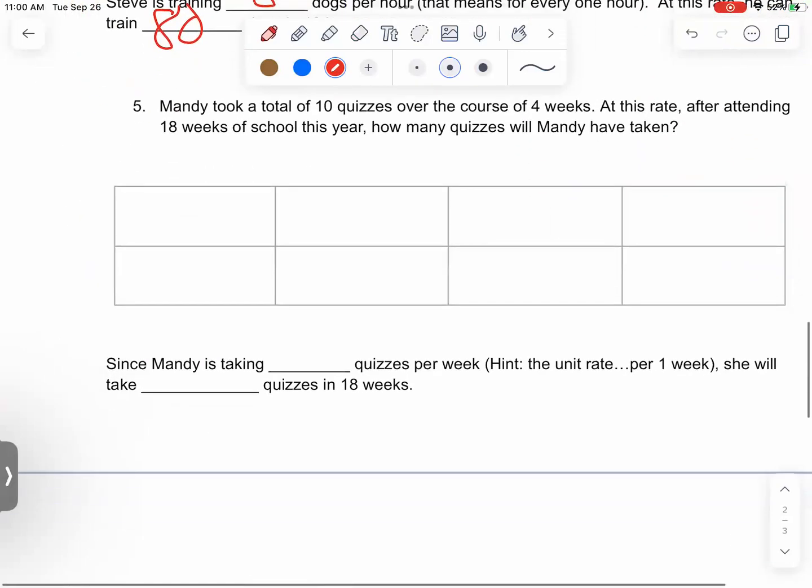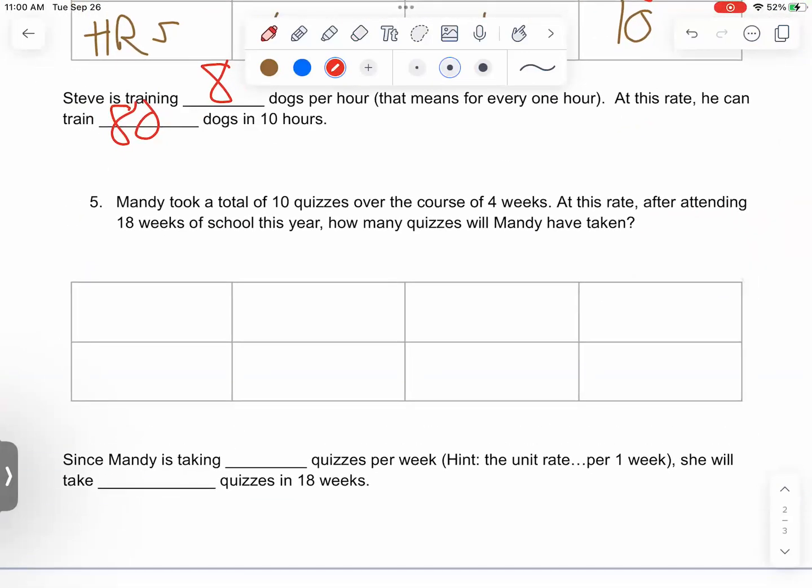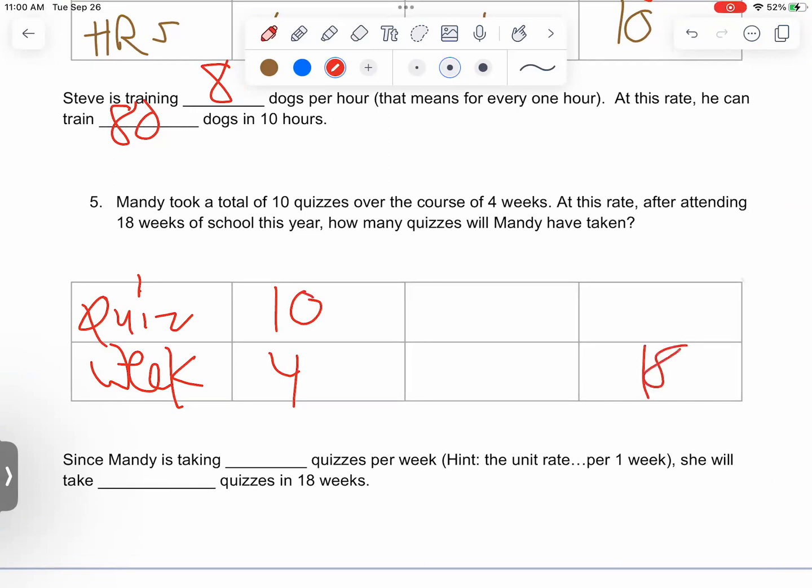All right, and last one, Mandy took a total of 10 quizzes over the course of 4 weeks. At this rate, after attending 18 weeks of school, how many quizzes will she take? So quiz, week. So 10 quizzes, 4 weeks. We want to know how much in 18 weeks. First, though, we're going to go down to 1 week.